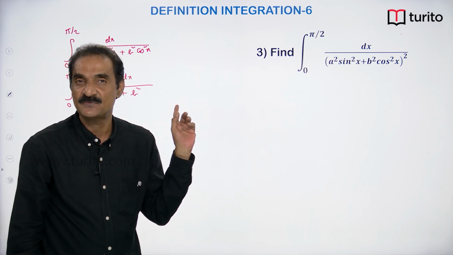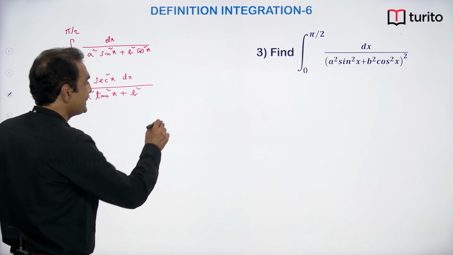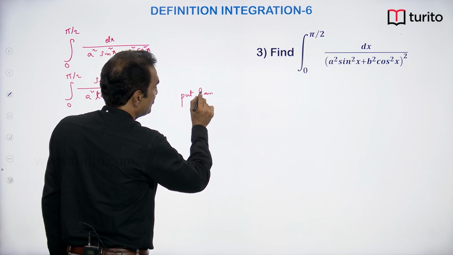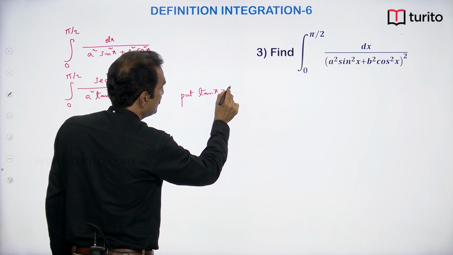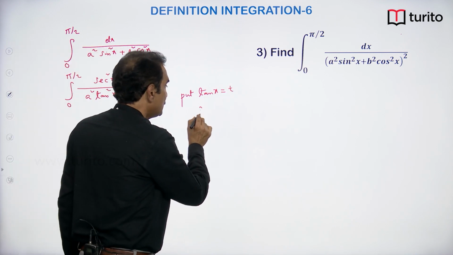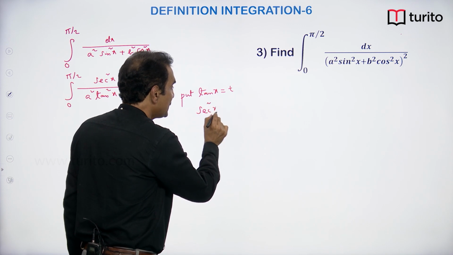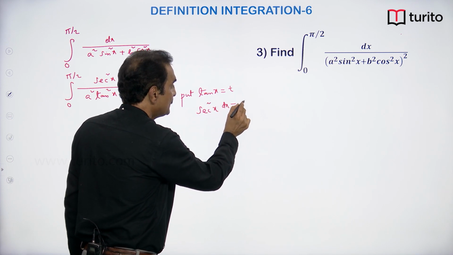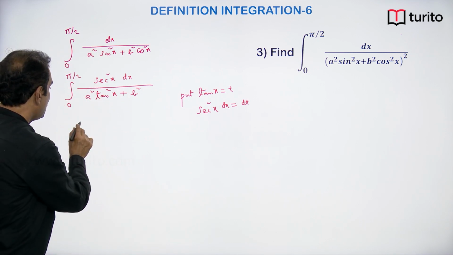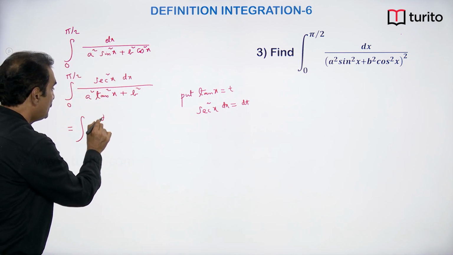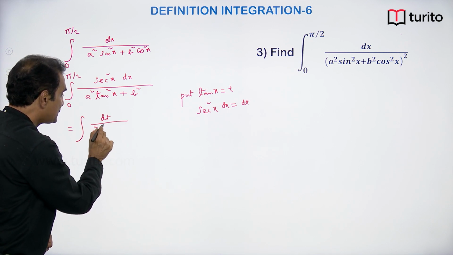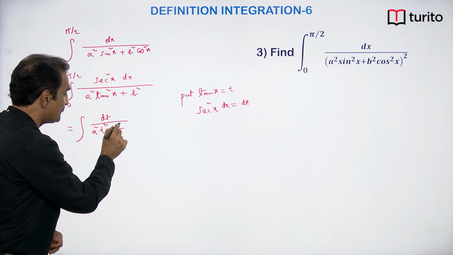Derivative of tan x is secant square x, no? So, we put tan x is equal to t. Then differentiating on both sides, secant square x dx is equal to dt, and this becomes dt by a square t square plus b square.